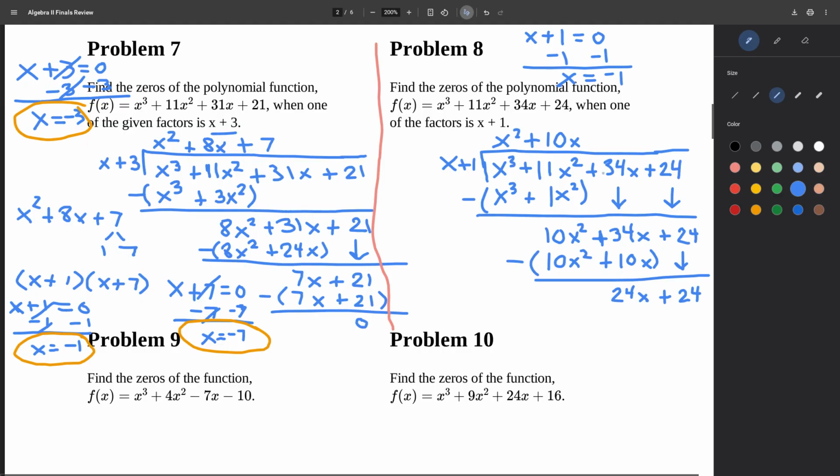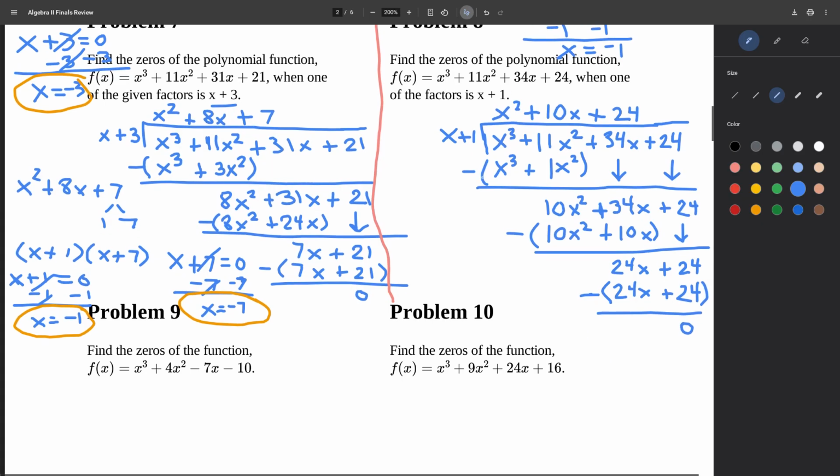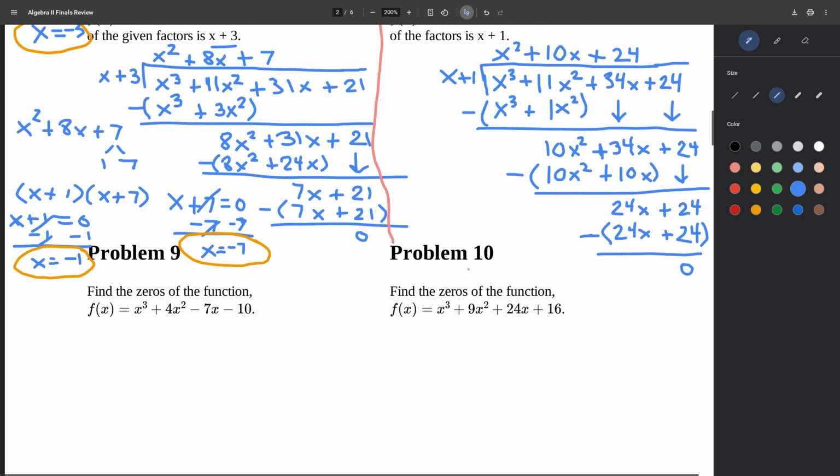To get 24x, we'd have to multiply x by 24. So we get 24x. 24 times 1 is 24. We subtract that, we get a remainder of 0, which we should get. And now we've got a factor x squared plus 10x plus 24. I'm going to just do problems 7 and 8, and I'll stop the video there and then erase all the stuff and do 9 and 10.